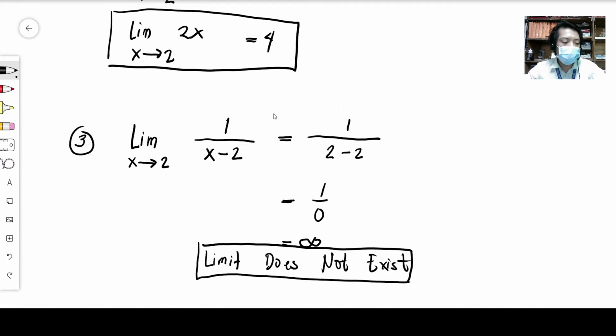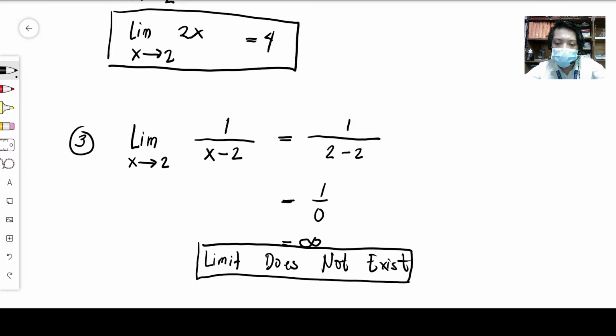You can use direct substitution, but let me reiterate: direct substitution is not always applicable. That's why we need to understand the definition of a limit.